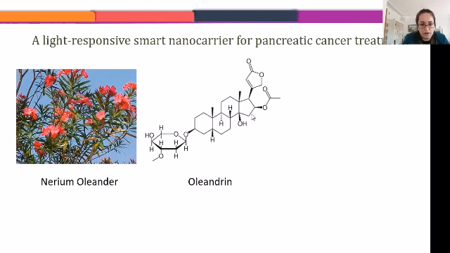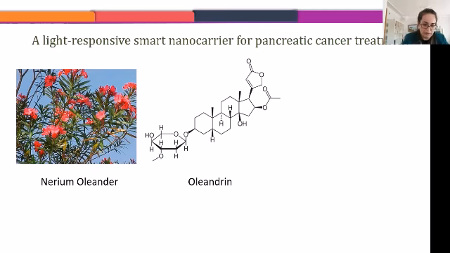The oleandrin molecule has been used for decades for cardiac treatments, because it's a cardiac glycoside.